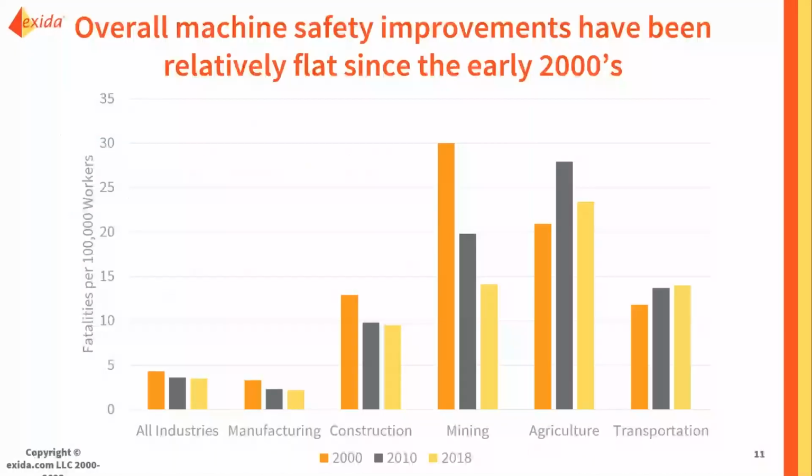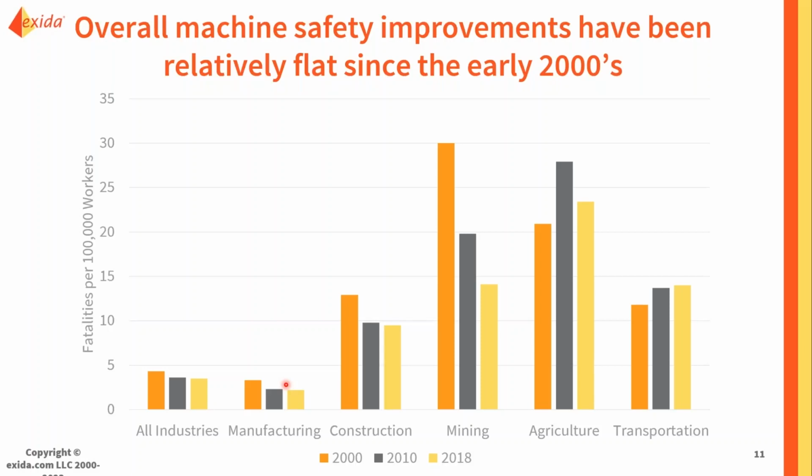And if we look at data points in the US from 2000 to 2018, we can see that although there is some slight downward movement overall, if we average all industries, if we break up the data and look at each industry independently, maybe outside of construction and mining, where there was a noticeable drop in incidents between 2000 and 2010, the majority of other industries are actually staying pretty flat or constant, and even seeing some increases in agriculture and transportation.